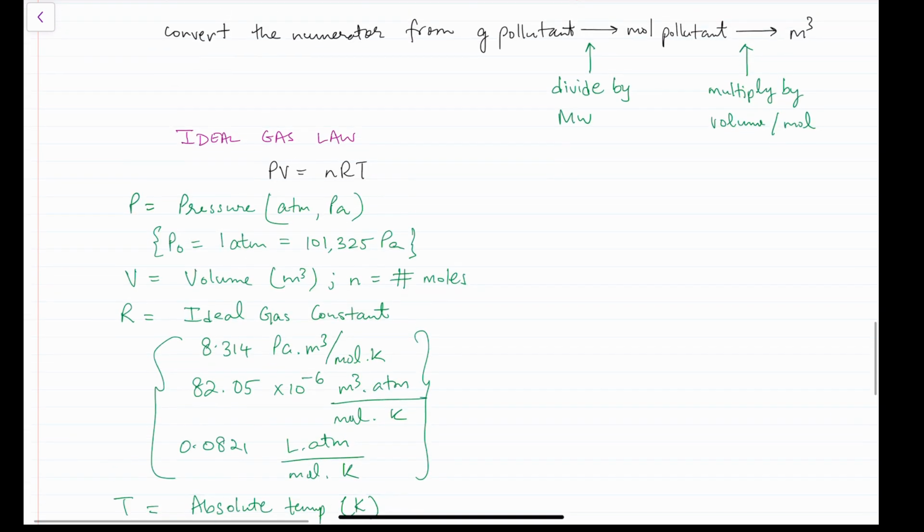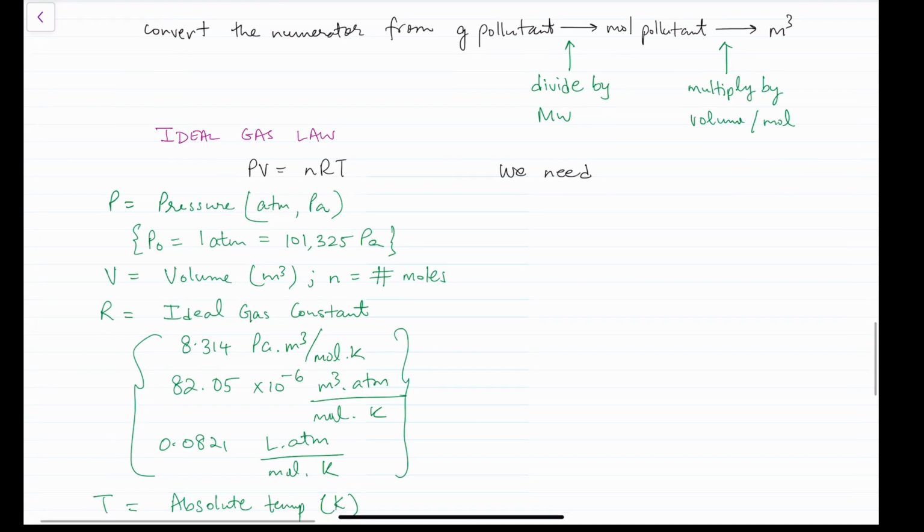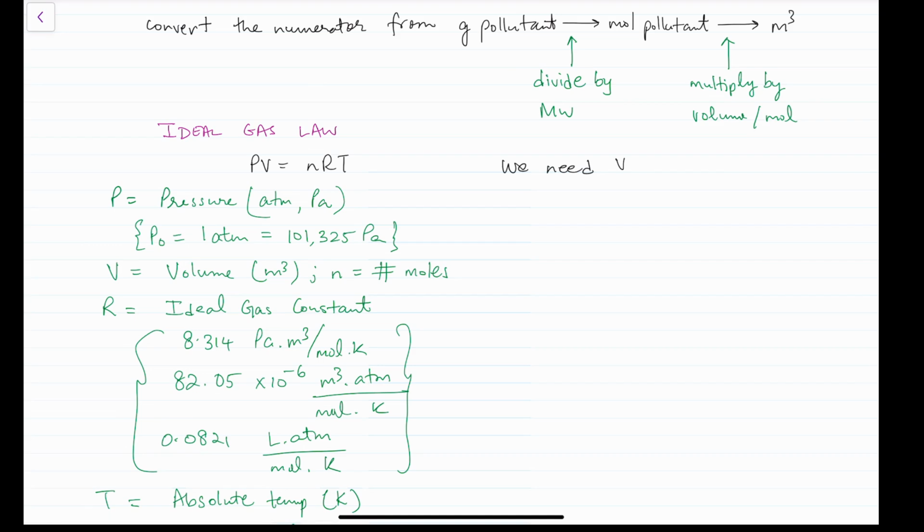Okay, so now we're going to use this. So how are we going to use this? Here we need V volume over mole, right? We need V over N, or let's say we need volume over mole, right?